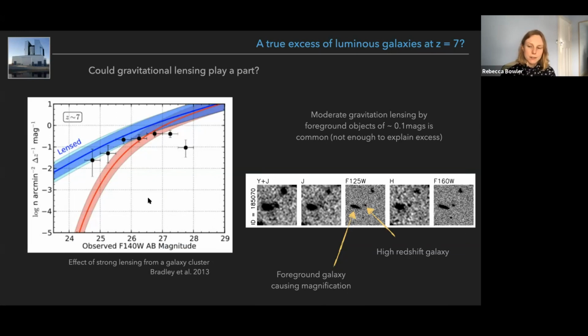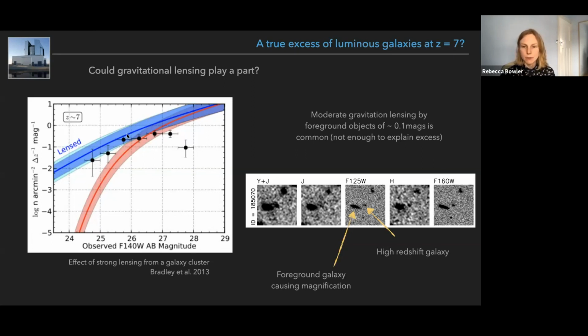An example is shown on the left here, where this is the data from a cluster field at redshift 7. The underlying luminosity function is thought to be more like this red line, but because of the lensing from the foreground cluster, you see this kick to the blue curve here. So we wanted to check if this was happening in our data.